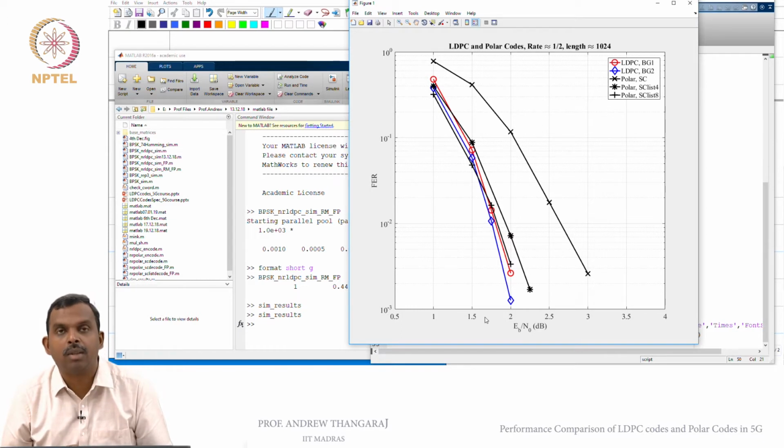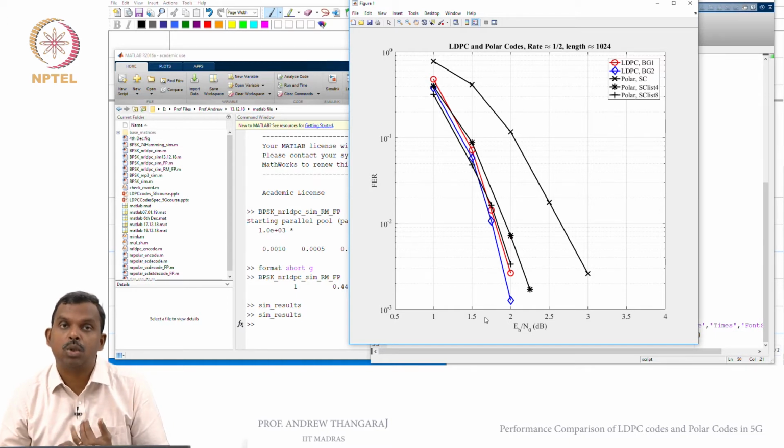This is what we wanted to do in this course, and to briefly summarize what we wanted to cover as far as this course on LDPC and polar codes in 5G is concerned: we wanted to study LDPC codes and polar codes in the 5G standard. We did that from an implementation point of view, how to get the encoder implemented, how to get the decoder implemented. We wrote MATLAB code for both of those.